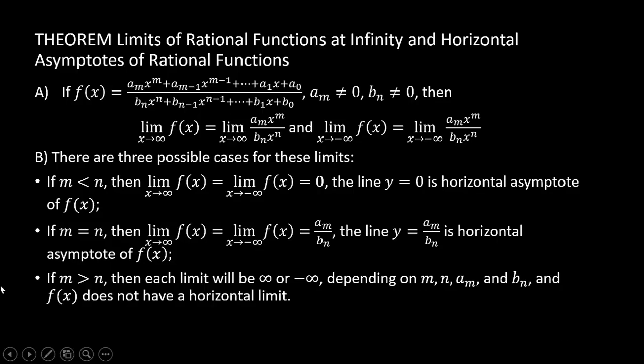Theorem: limits of rational functions at infinity and horizontal asymptotes of rational functions. This theorem will try to capsulize everything that we've done in the previous examples.